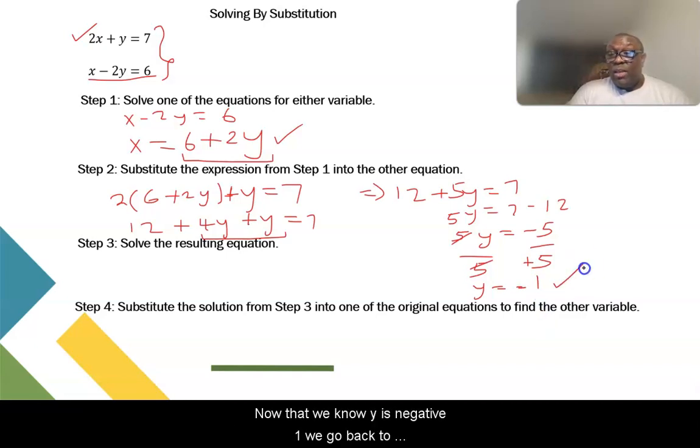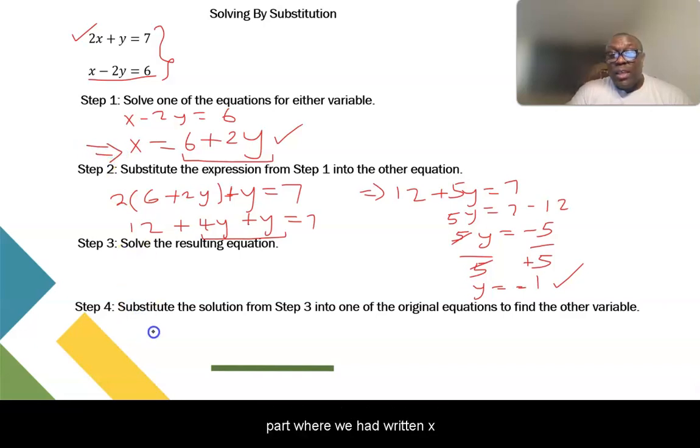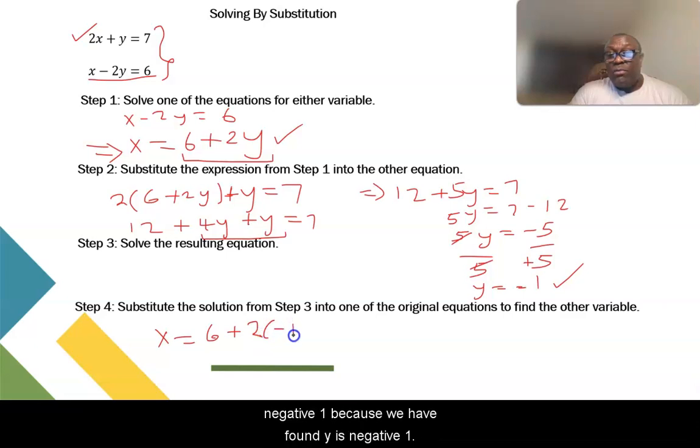Now that we know y is negative 1, we go back to here. We may go back to the original equation, but the best strategy is to come to this part where we had written x equals 6 plus 2y. Now instead of y, you put negative 1 because we have found y is negative 1.